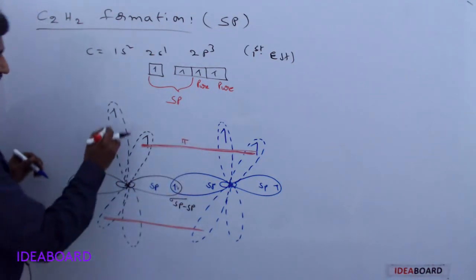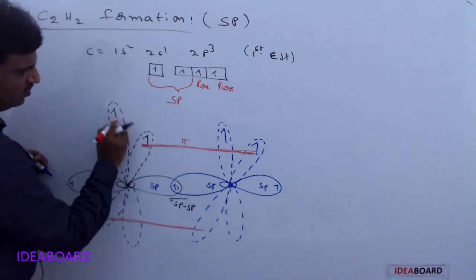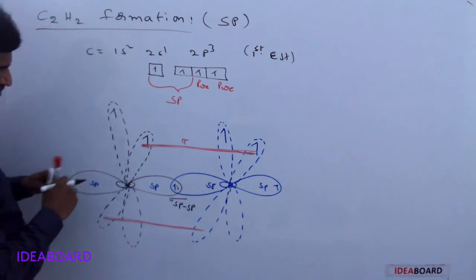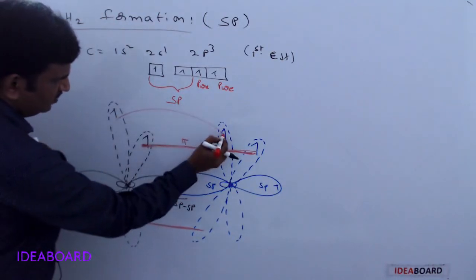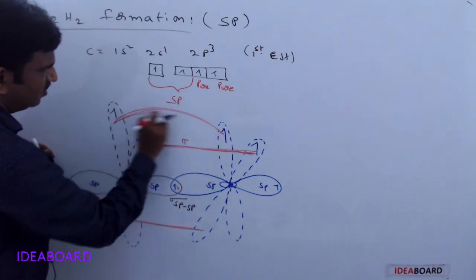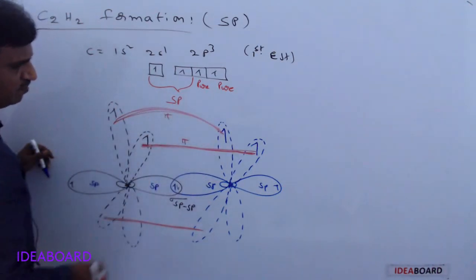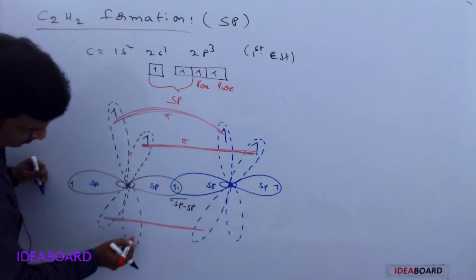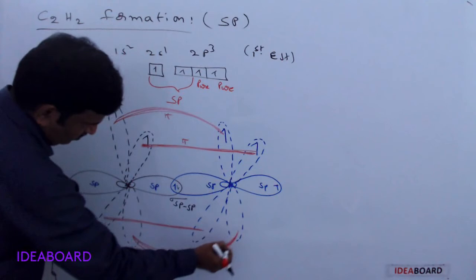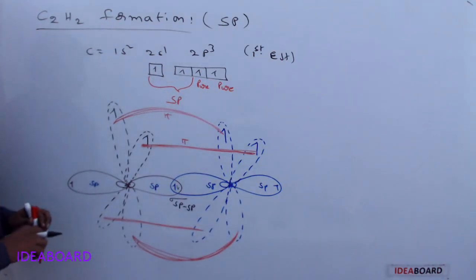And for the next pi bond, see here, this orbital and this orbital. This is another pi bond. Here this orbital and this orbital make the second pi bond.